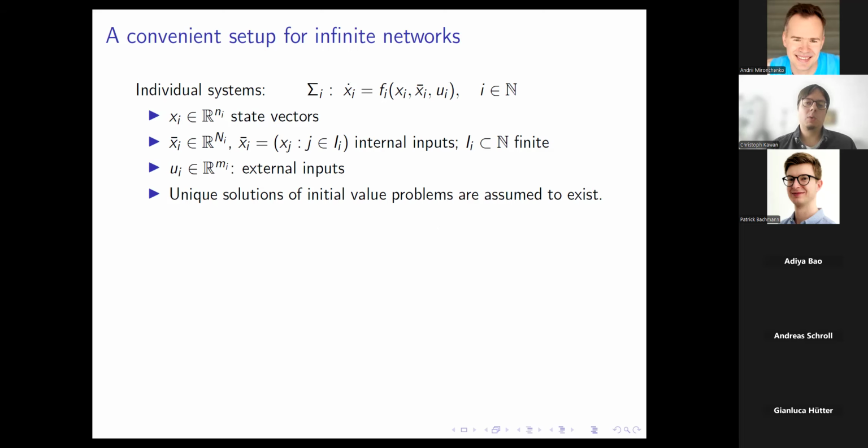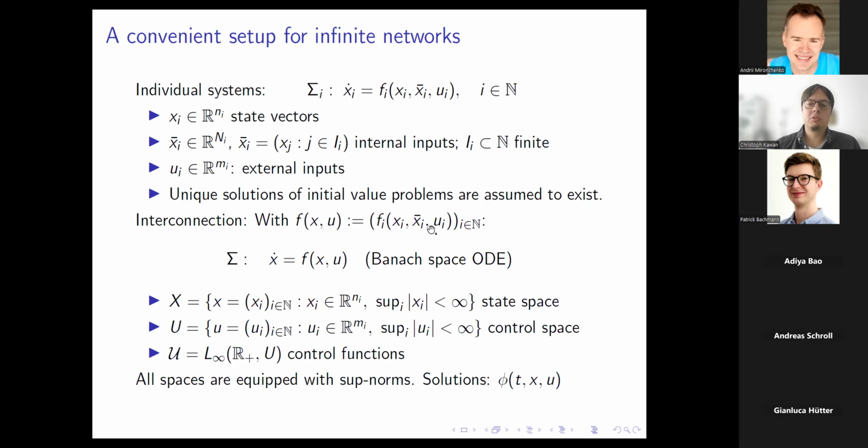Then again, we can put all of these subsystems together to form the overall system, or the network, or the interconnection of these subsystems. We just put all these right-hand sides together to form one infinite vector, where the x_i are now the components of some infinite vector x, and the same for the u_i.